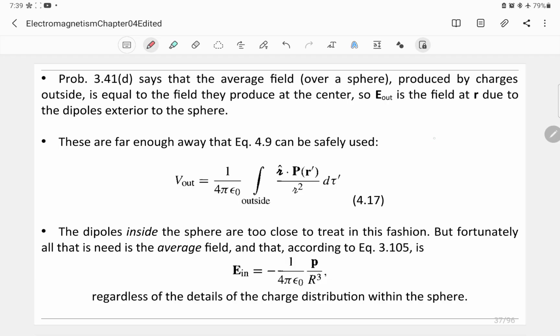Note that E is just equal to negative del of V, the electric field. Always remember that. So outside, this can safely be used.